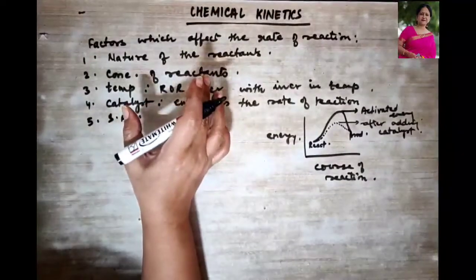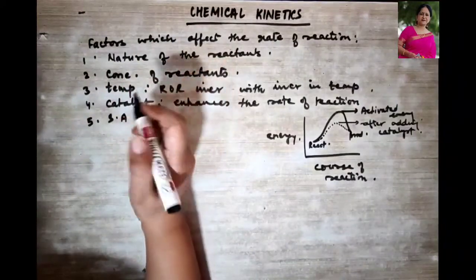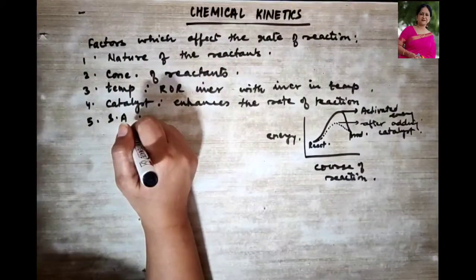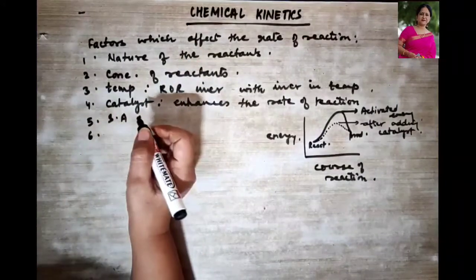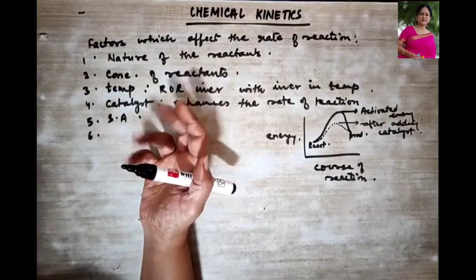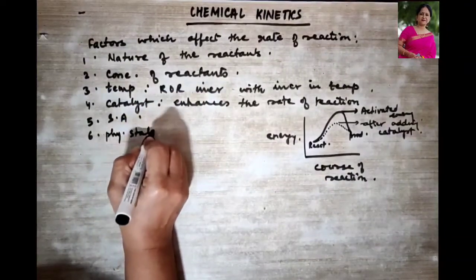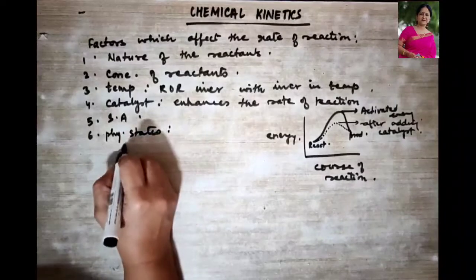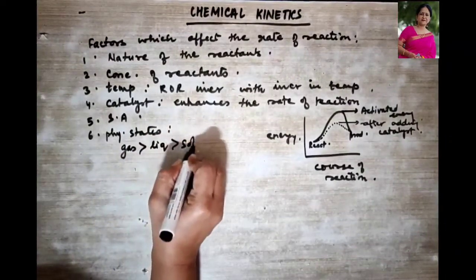If one of the reactants is solid, then the rate of reaction increases with the increase in the surface area of the reactant, okay? Then sixth point, physical state of the reactants. Always remember that gases are more reactive than liquids, than the solids.